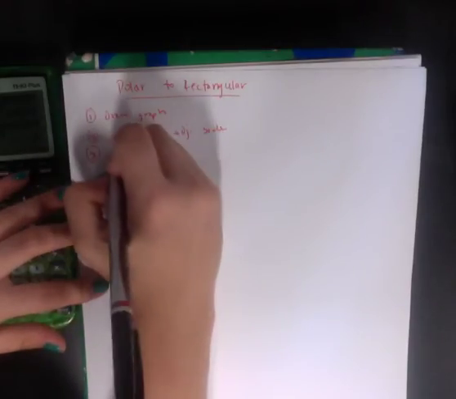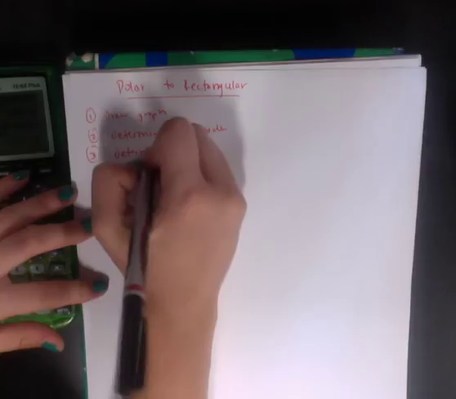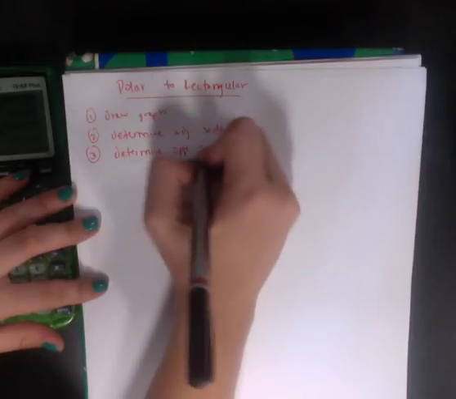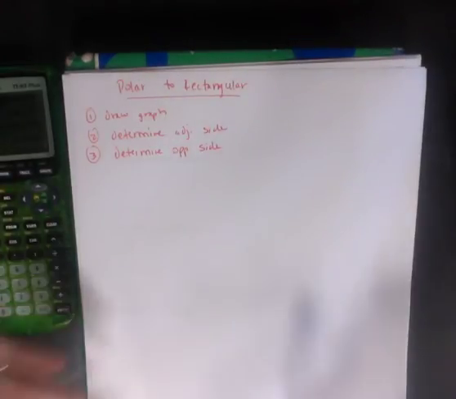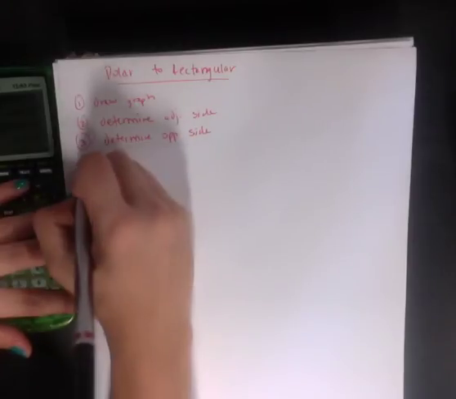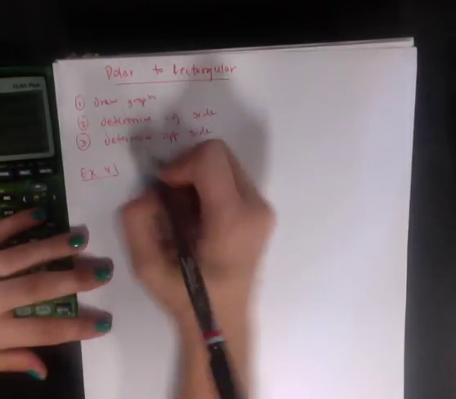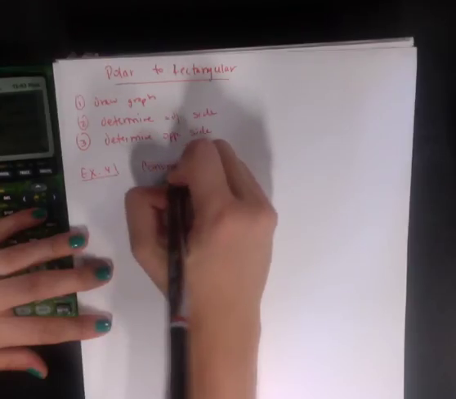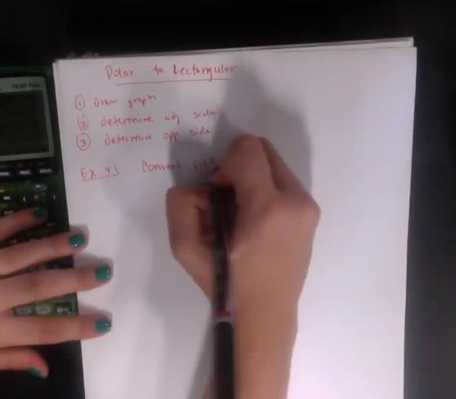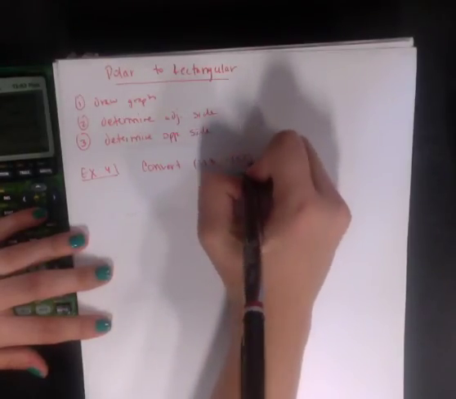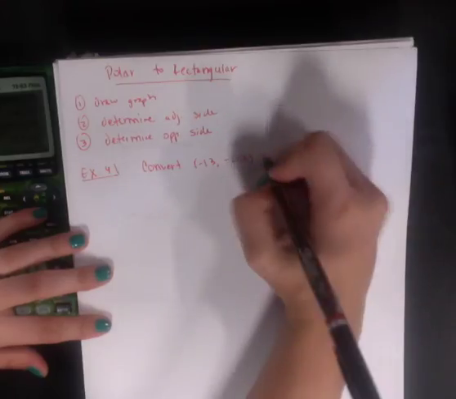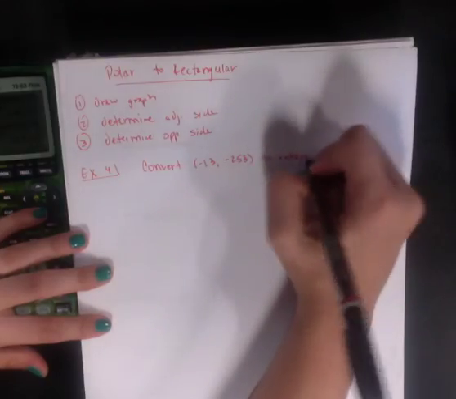Then find your opposite side. So, example 4, convert negative 13, negative 253 to rectangular.